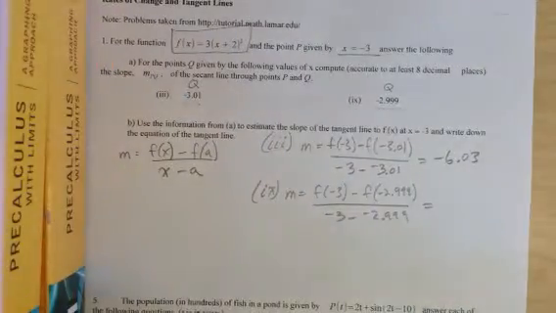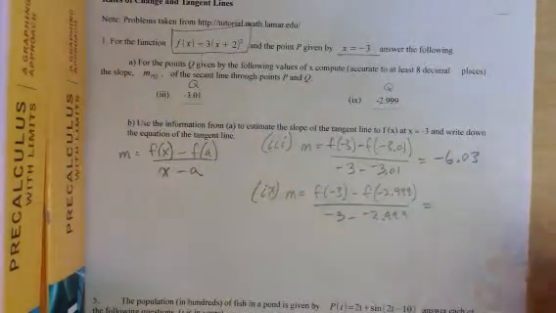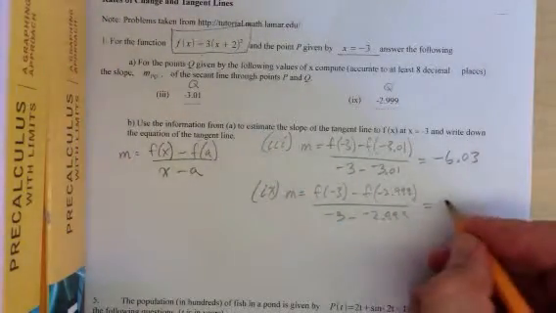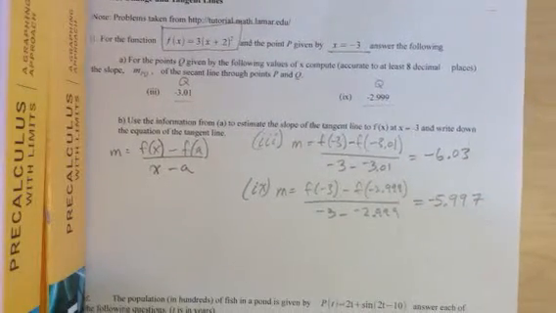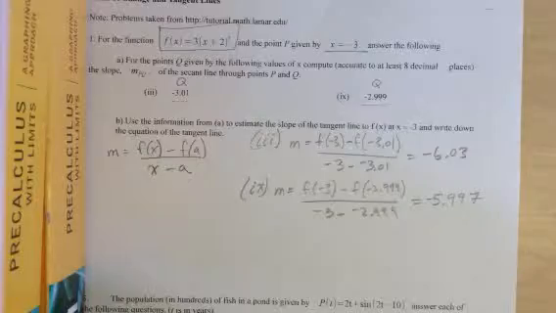And putting that into a calculator and computing, you end up with negative 5.997. So those are the two slope values of the two secant lines.